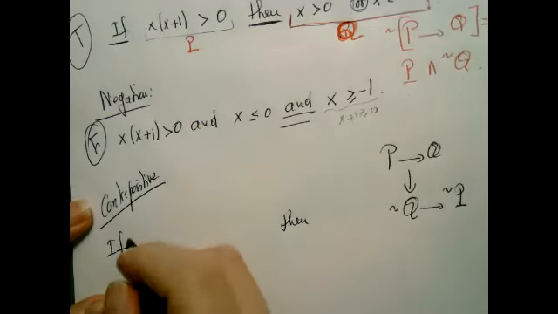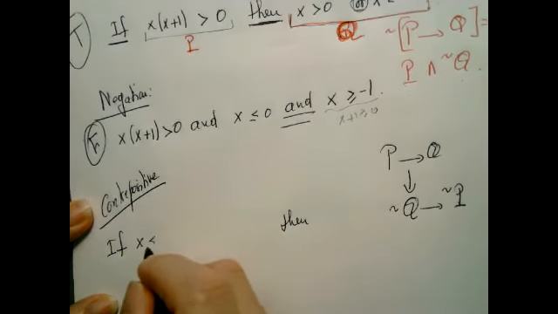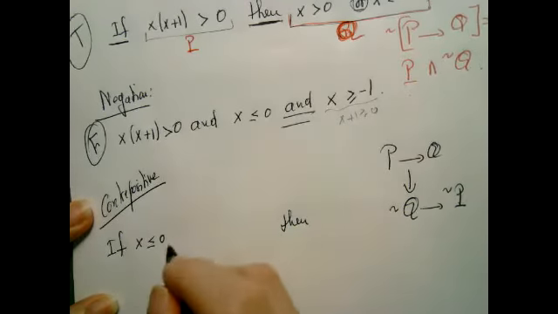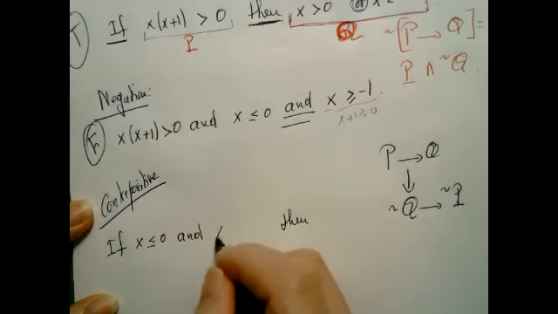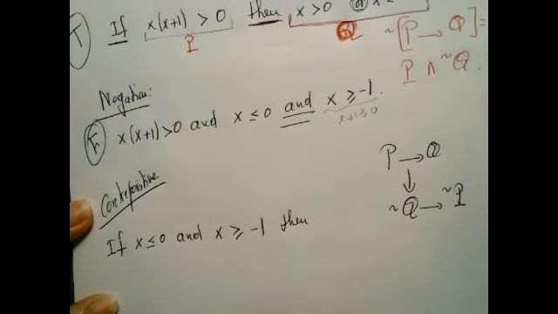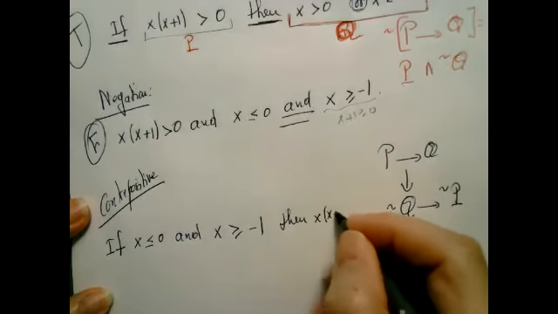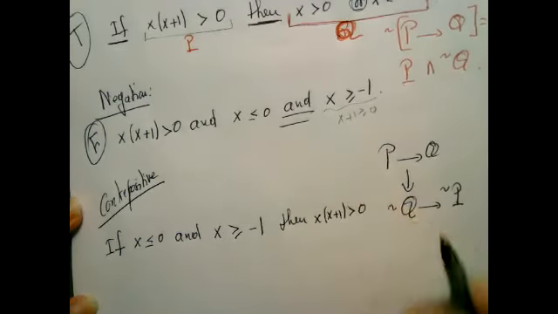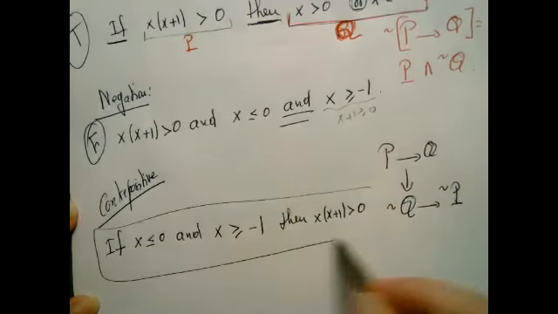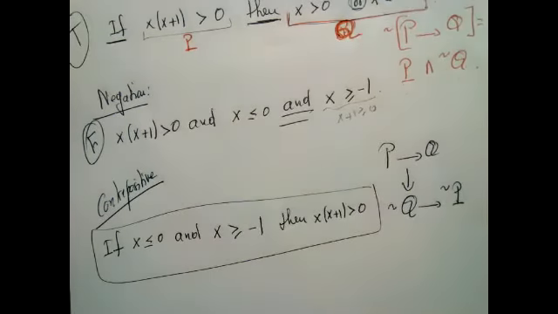The contrapositive will be: if X is negative and X is bigger or equal to minus 1, then X times X plus 1 is positive. Now, is the contrapositive true? Yes, absolutely.